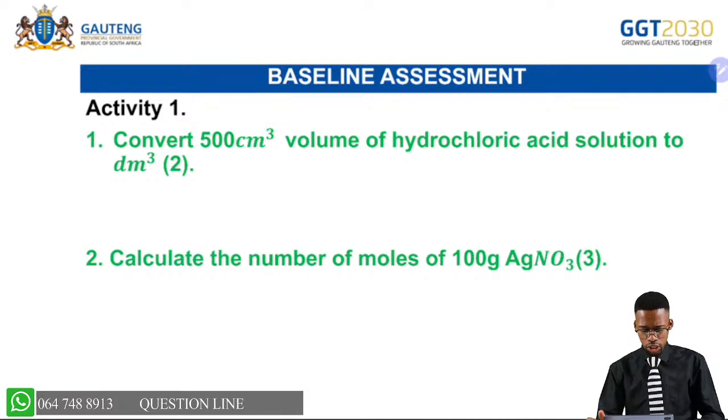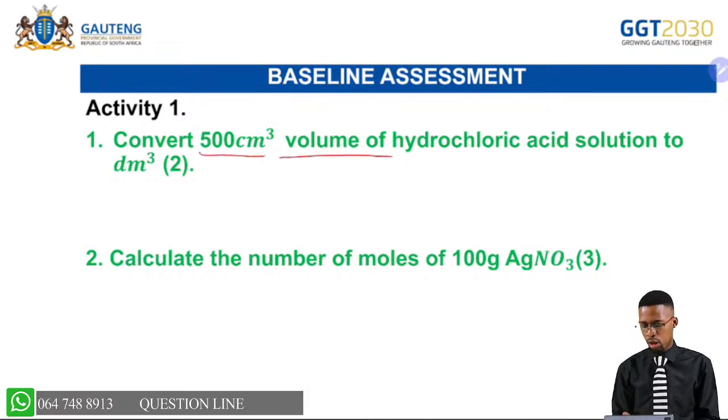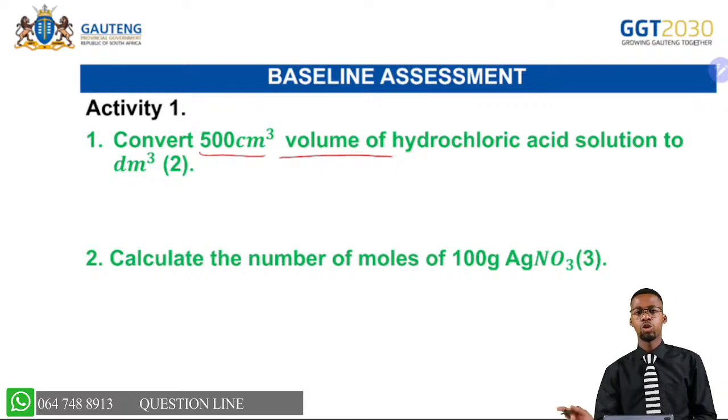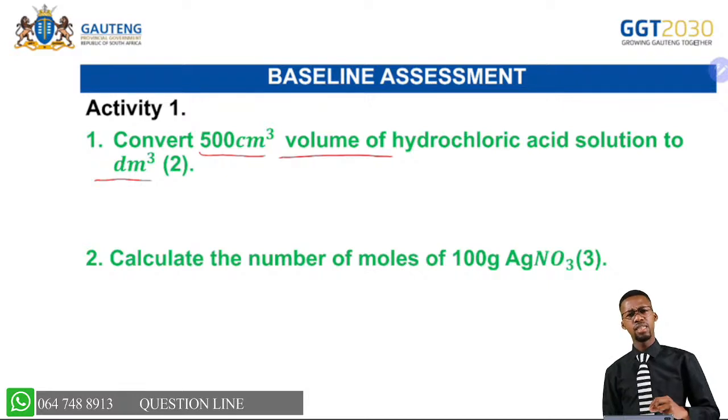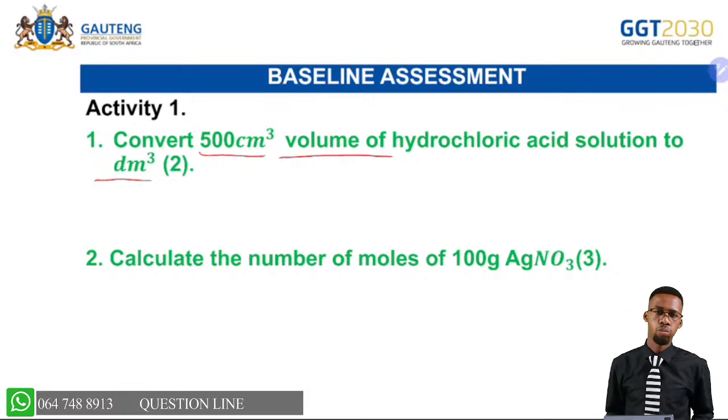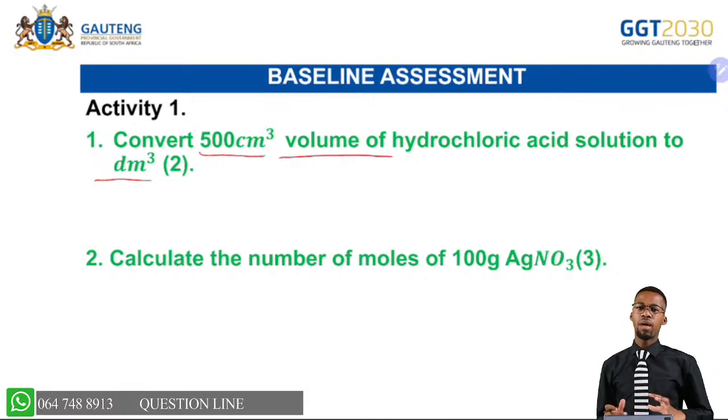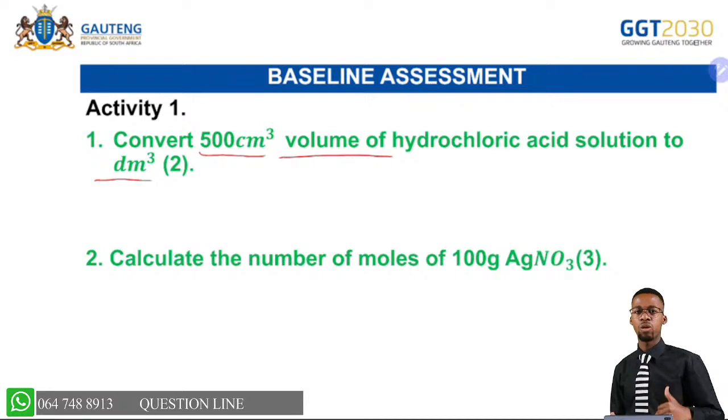Let's look at the first question. Convert 500 centimeter cube volume of hydrochloric acid solution to decimeter cube. So we must convert centimeter cube to decimeter cube. We are moving from a smaller unit to a bigger unit. When we move from a smaller unit to a bigger unit, we divide. That is very important.